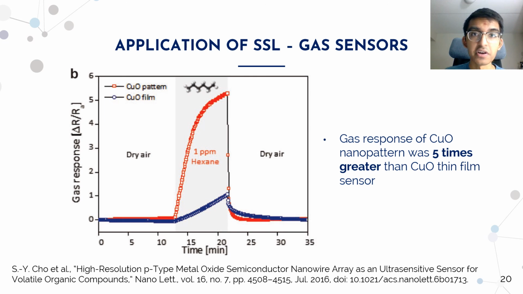With this sensor, they were able to achieve very high sensitivity. Compared to a normal copper oxide film, the copper oxide channels, the nanopatterns, fabricated using SSL, achieved a gas response approximately 5 times higher when exposed to 1 ppm of hexane. This is attributed to the high resolution and small grain size of the P-type MOS structure they fabricated using SSL.